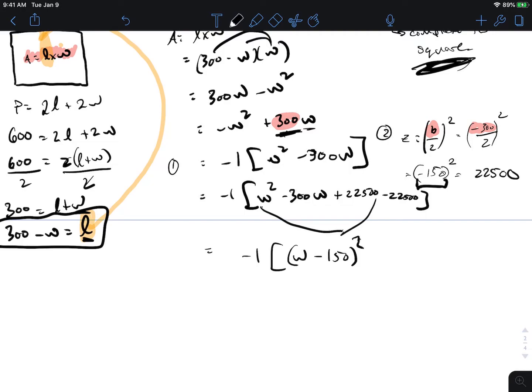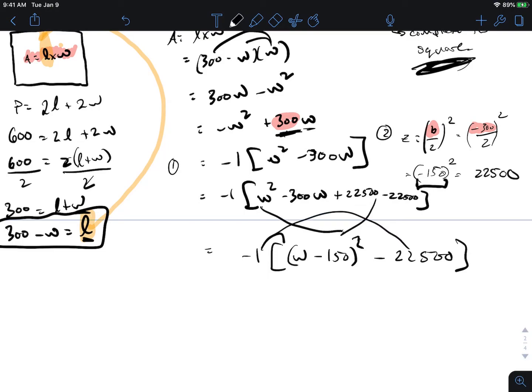Remember, I didn't want to bother you with the nitty-gritties of that process. It just is what it is, and it comes out that way. And then minus 22,500, the square bracket.